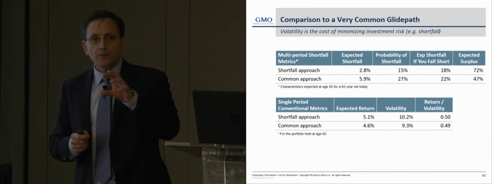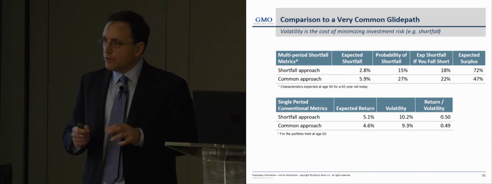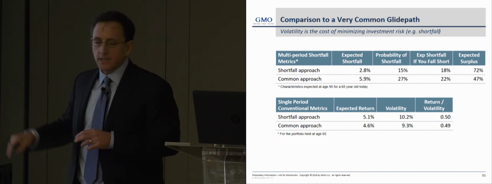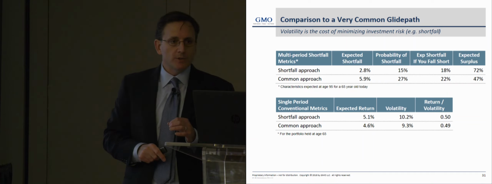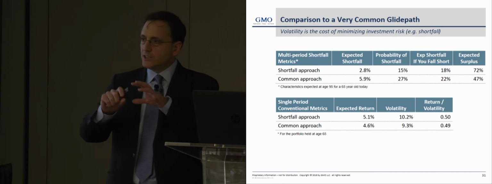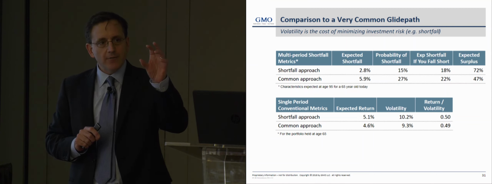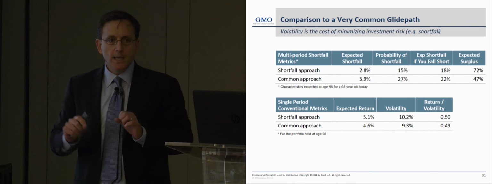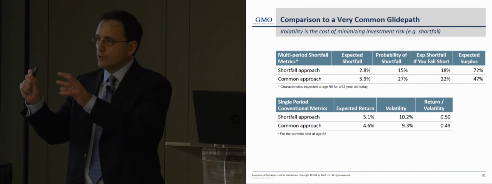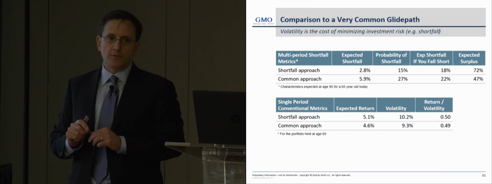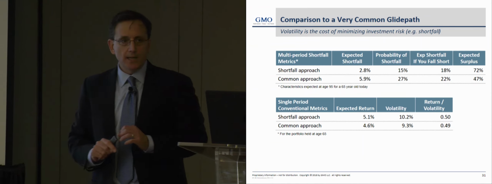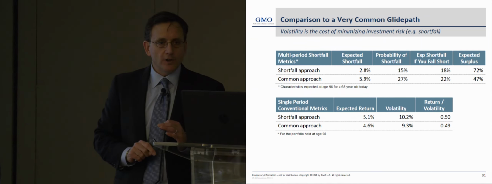The expected shortfall is not necessarily the most intuitive way to think about it. A more intuitive way is to split it into two pieces. We can say, what's the average probability that we fall short, and what's the average magnitude that we fall short if we do happen to fall short? The 15%, that's the probability that we fall short.